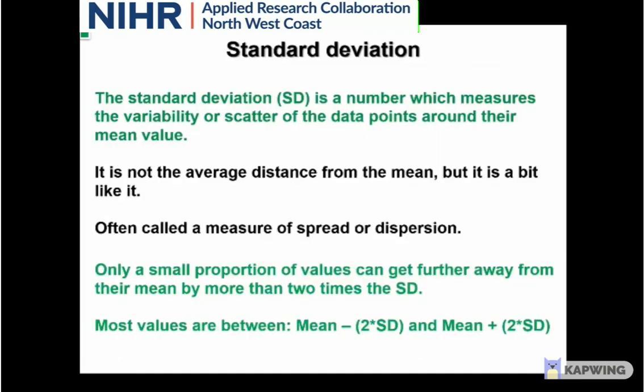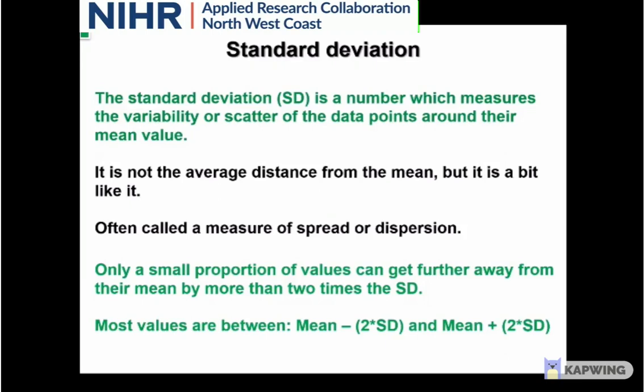So a really important point there: it's not a distance from the mean, an average distance, but it works like that in the sense that it gives you an idea of how far away, on average, in quotation marks, each of your points is. Ideally, or usually, only a very small proportion, or hopefully none, of your values in your group should be more than 2 standard deviations away.